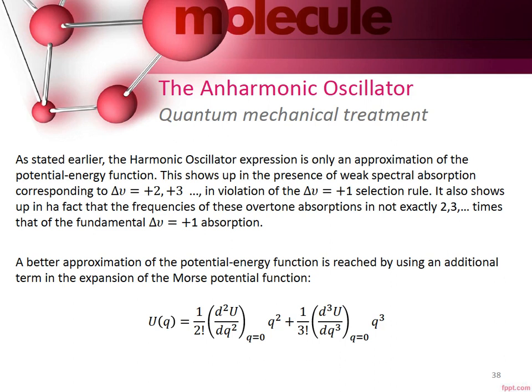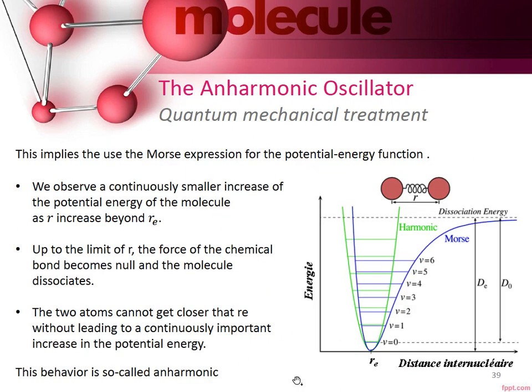Now, I don't need to go into the details of the expression of the Morse potential. You can read it if you want. I don't want to get into that. What interests me is this. What happens is, as I said, the Morse potential, I'm being redundant now if I explain again, but you see clearly the difference with the harmonic approximation.